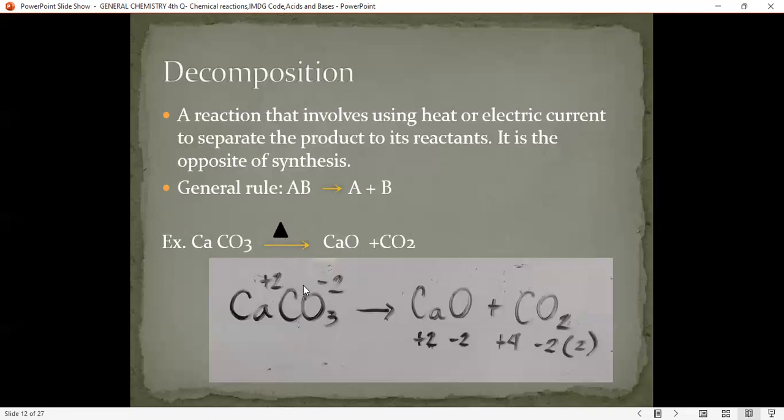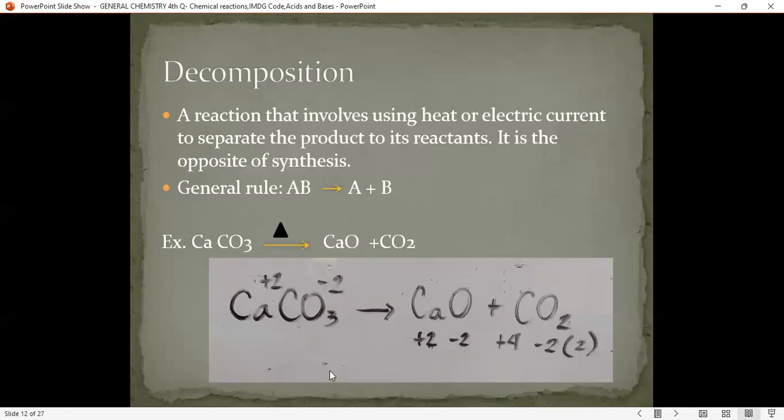So if ever in some of the reactions you encounter this triangle here, it indicates the usage of heat or the involvement of heat in the reaction. All right. So if you are asking how did CaCO3 become CaO and CO2, we still take regard or consider the oxidation state. So from the reactant here, they are balanced in their oxidation state.